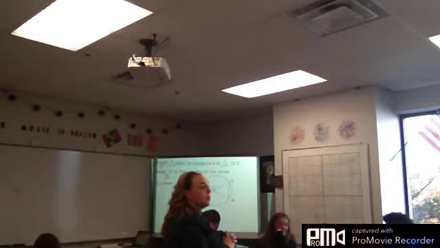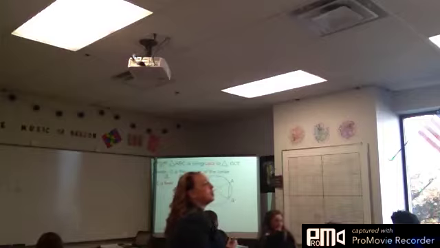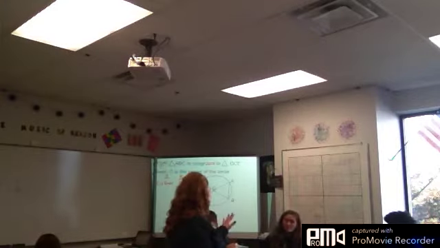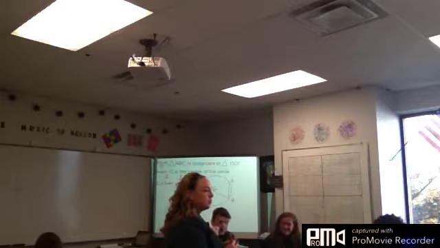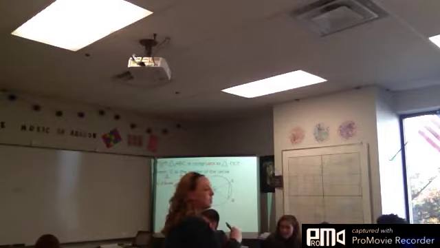Beautiful. What do we know about all radii of circles? They're half the diameter, but what else do we know about all radii? What do all radii are compared to each other in a circle? The same. They're all the same.